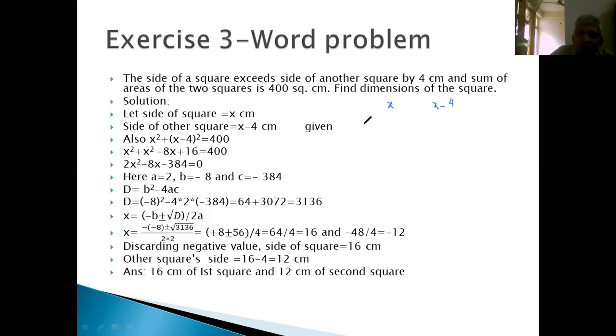So it means x square plus x minus 4 within bracket whole square, it is equal to 400. With this annotation it becomes difficult to write.